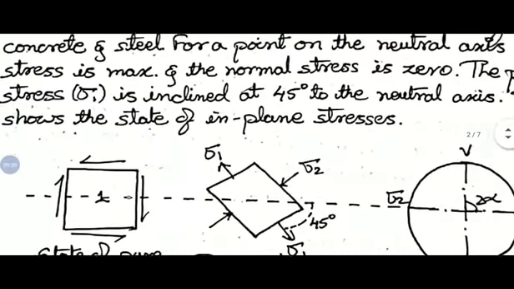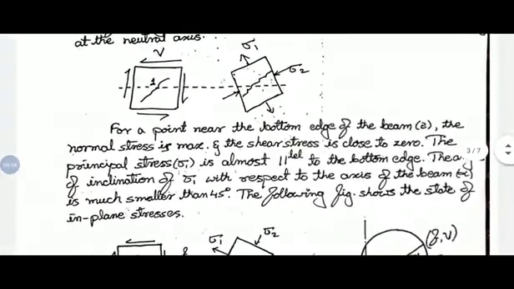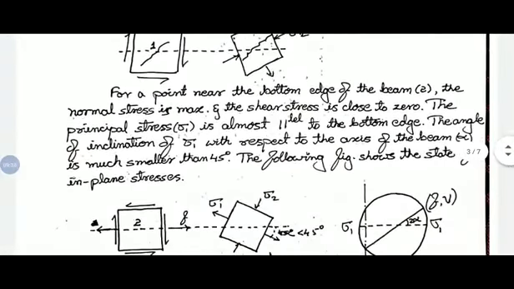For that element, the normal stress is maximum and shear stress is almost 0. It may be equal to 0 or nearly 0, that is, negligible shear stresses will be there. So the principal stress sigma 1 is almost parallel to the bottom edge of the beam.